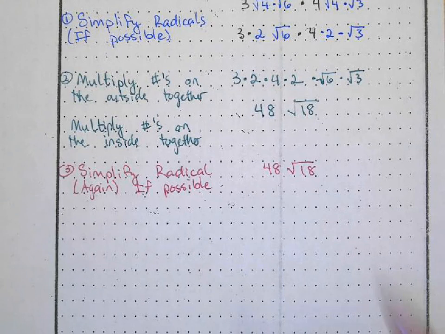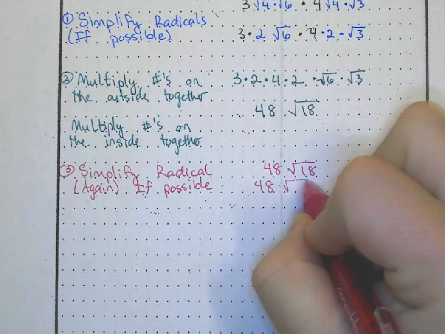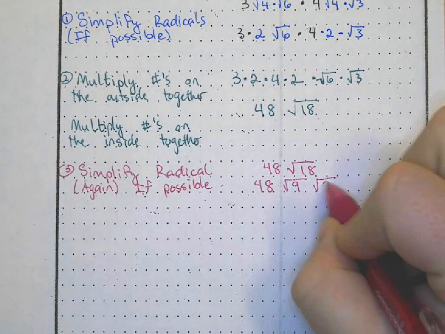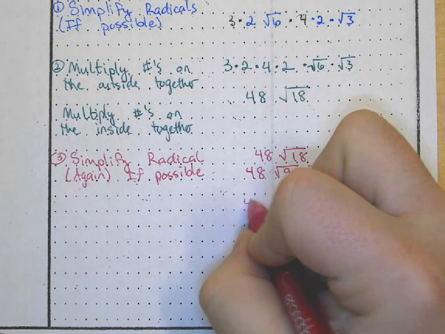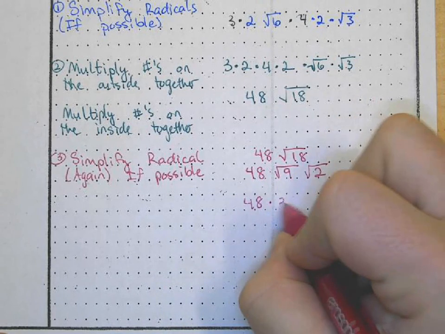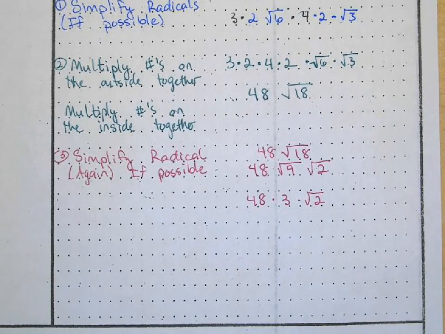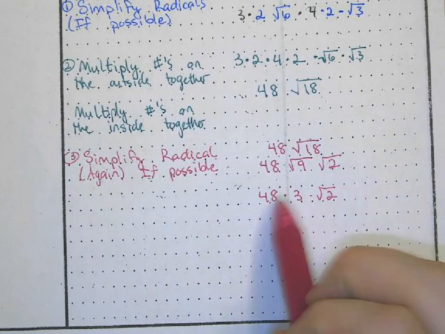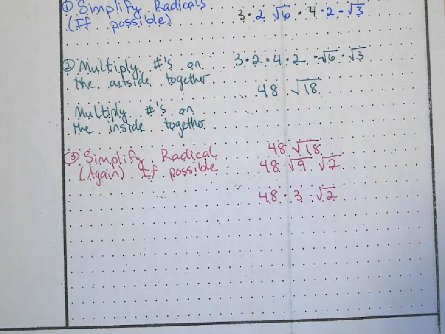And then we'll start simplifying. So the 48 stays the same. My square root can split up into its perfect square factor and its other factor. I'm just bringing things down. 48 times 3 times root 2. And again, we're multiplying numbers on the outside together. 3 times 48, and then the square root of 2 will stay the same.